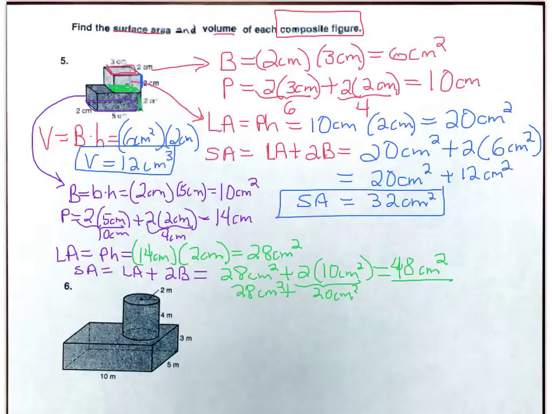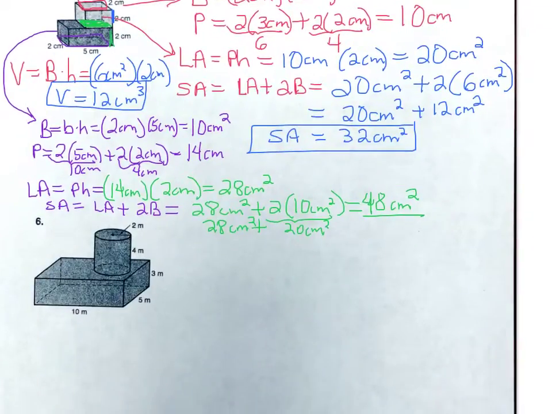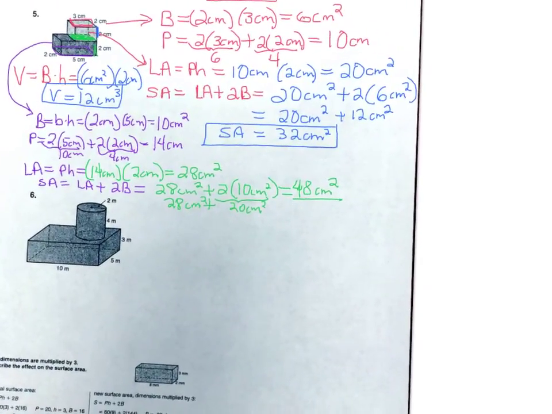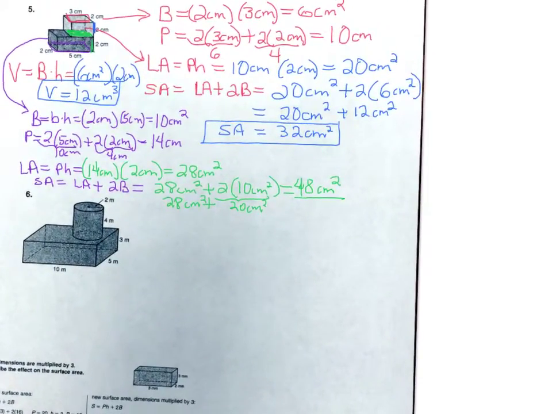So when I'm getting the surface area of this composite figure, I need to make sure that the total surface area, let me put that here, total surface area, is when I add both surface areas, which is 32, and then plus the surface area of the bottom prism, which is 48.